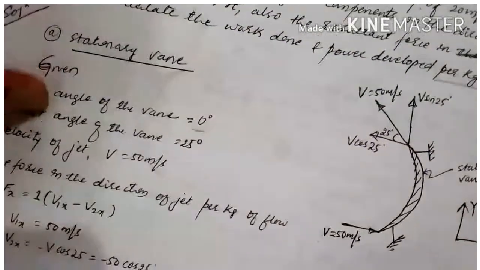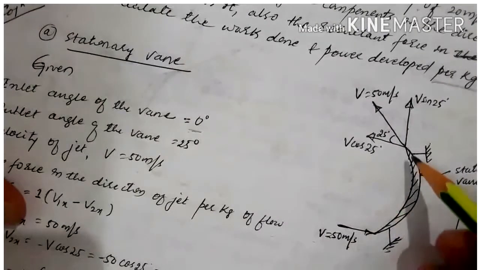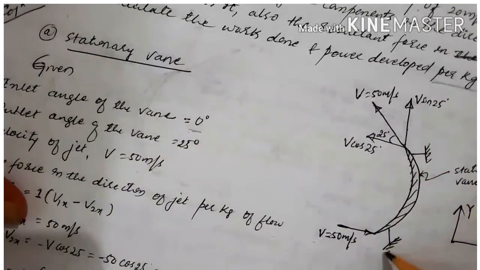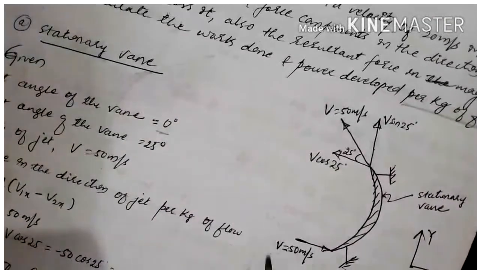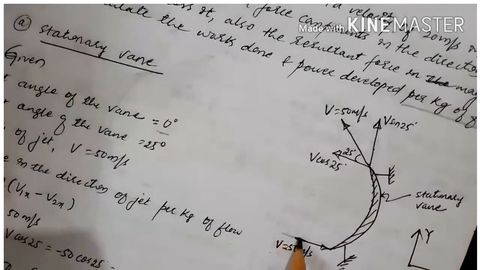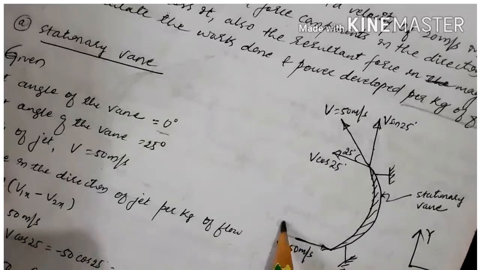Then draw this diagram. This is the diagram you have to draw. Draw this vane, and this is fixed. This is the velocity of the jet, but the angle here is 0, theta here is 0 inlet angle.